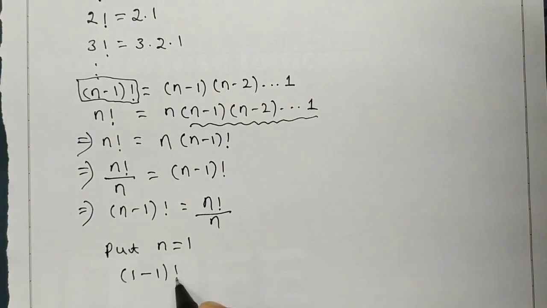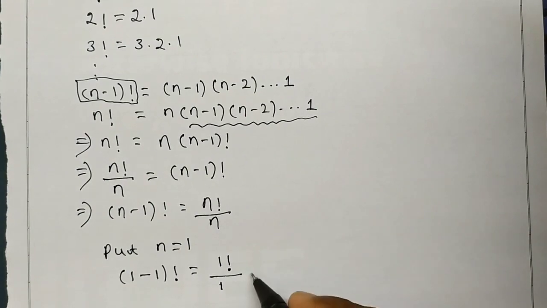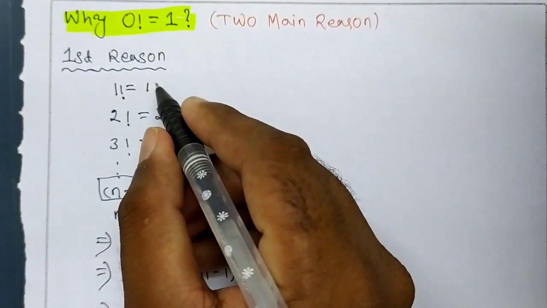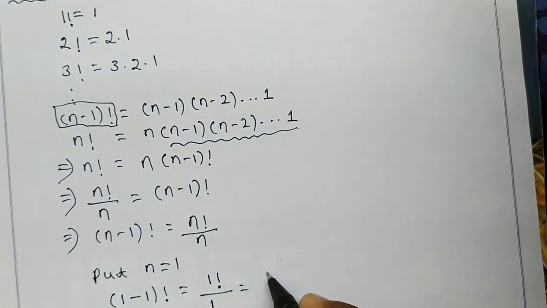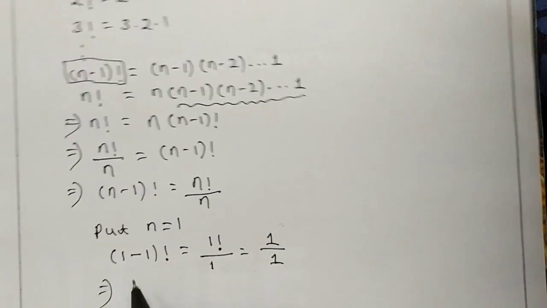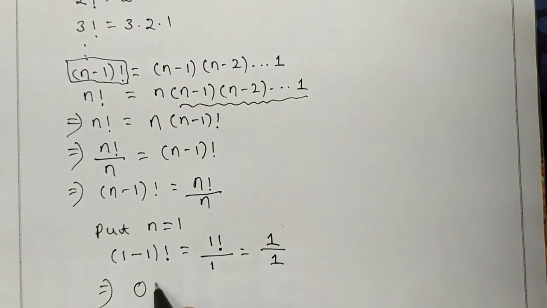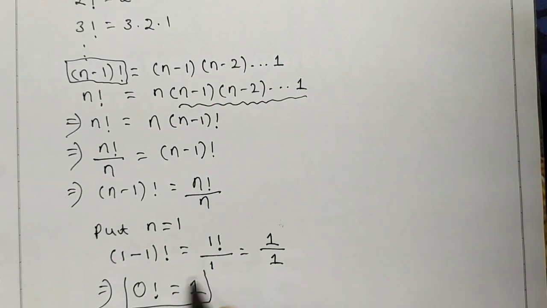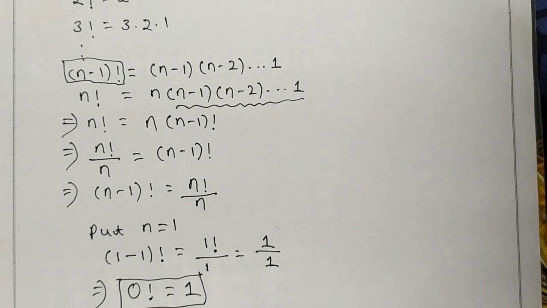In place of n we are just writing 1. So here we are getting 1 factorial, which I told you is 1. So 1 by 1, and on the left side 1 minus 1 means 0. So 0 factorial is 1 by 1, which is 1. So this is the first reason why 0 factorial is 1.